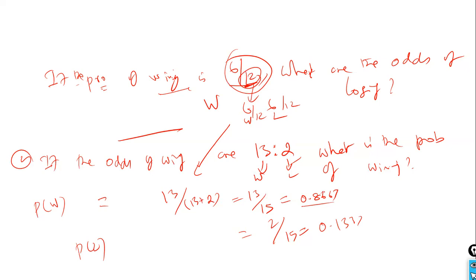So what does odds of losing mean? It is 1 minus probability of winning divided by probability of winning, right? In the simple case, there are 6 out of 12 chances of winning and 6 out of 12 for losing. What does 6 out of 12 mean? It is 1 divided by 2, right?